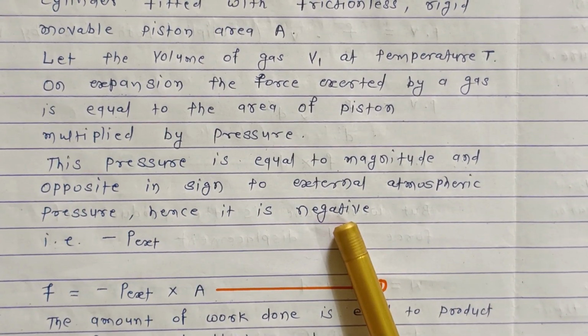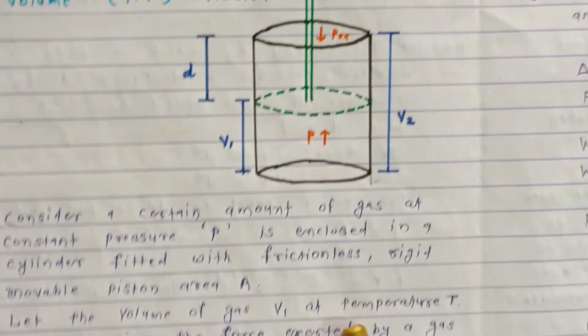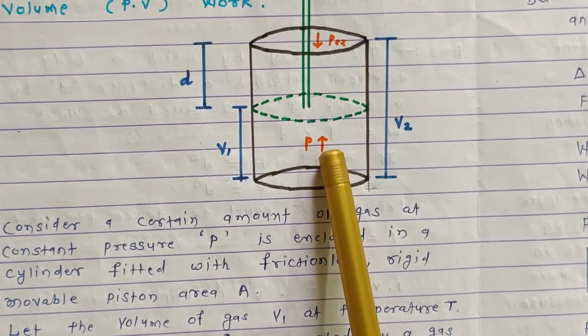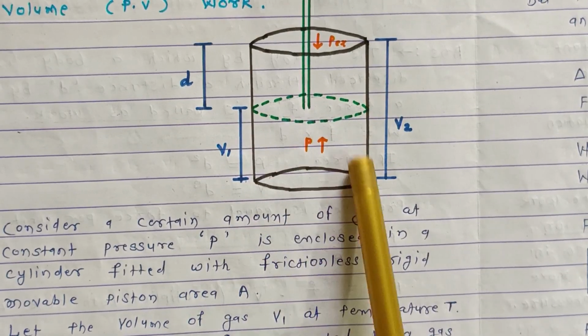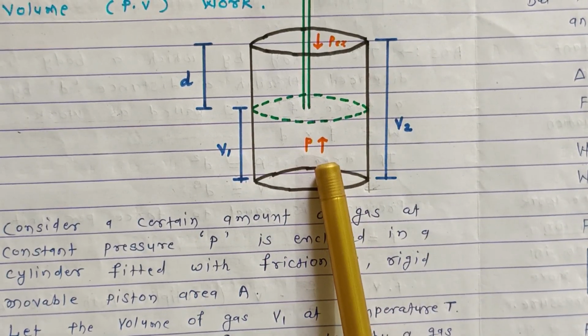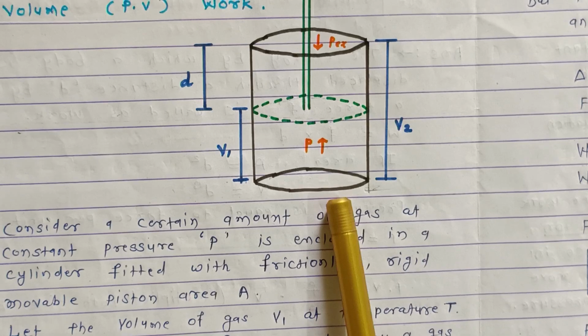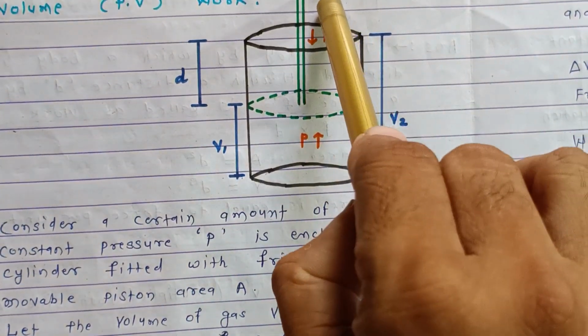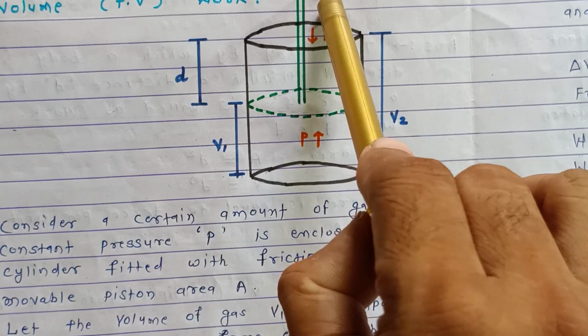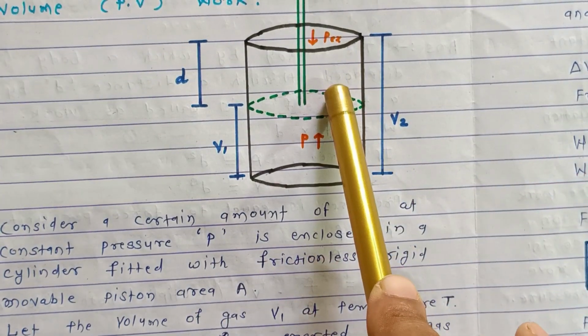You know that there are two types of pressure in the figure. First, the cylinder has the piston at this position and contains the gas, which has the pressure P. When it expands, it moves in an upward direction. At the same time, the air outside the cylinder applies pressure in a downward direction.